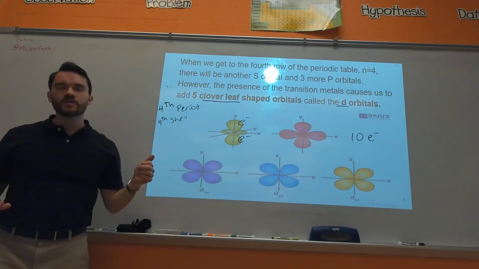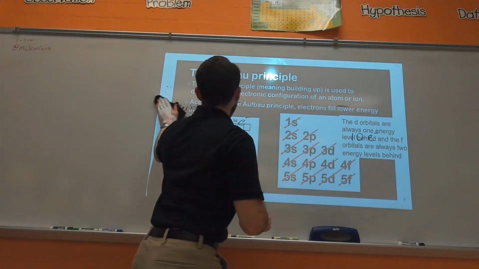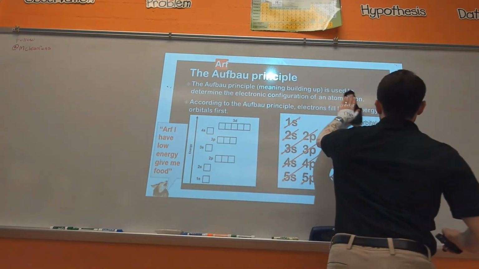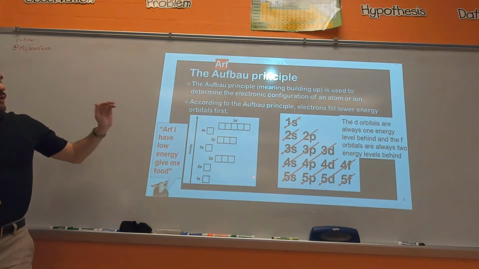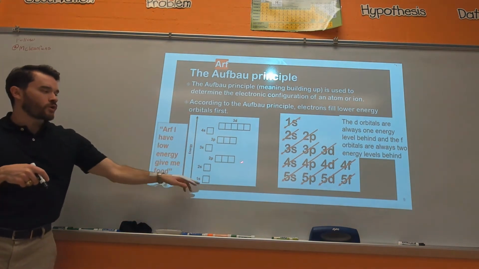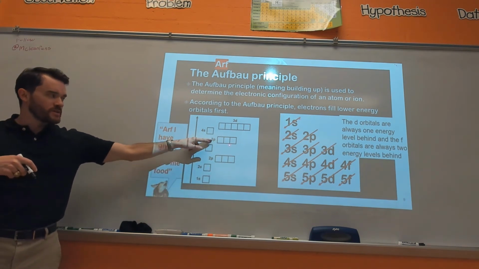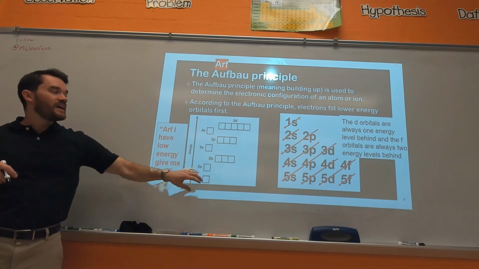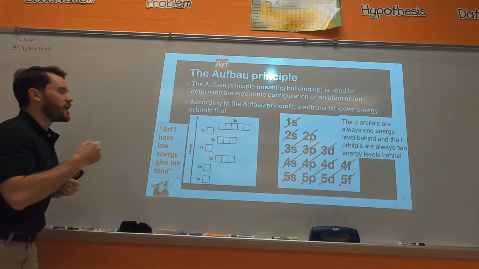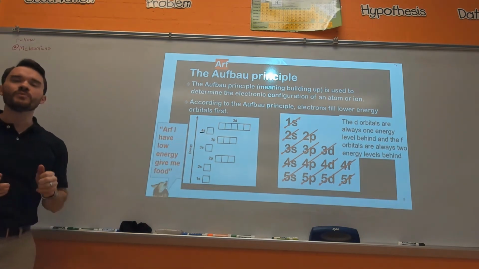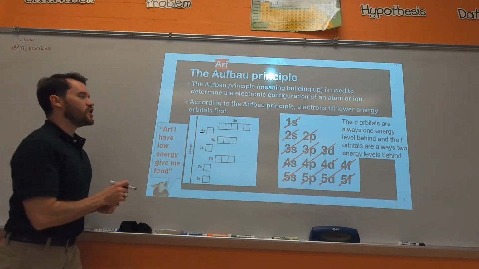All right. So you're like, okay, what does that mean exactly? Coming back to the Aufbau principle, we always go from low to high. So this is what your orbital diagram would look like now. You go 1s, 2s, 2p, 3s, 3p. We've seen these before. Now you're in the 4th row of the periodic table, so now you go 4s. But this is the weird thing when you get to the transition elements. Notice how this has a 3.